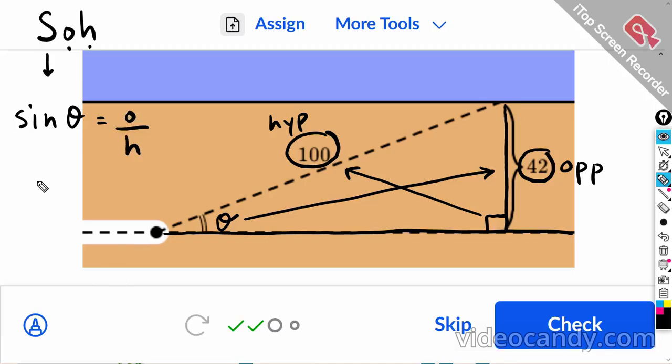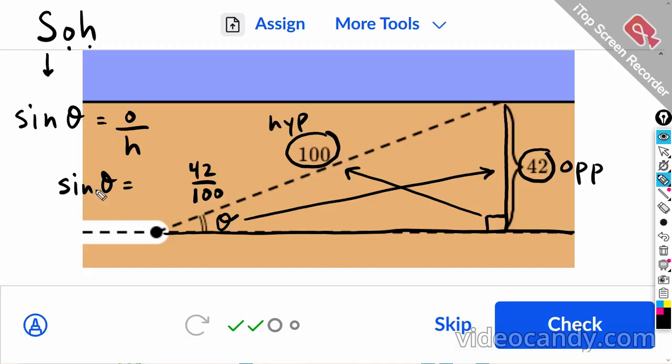All right, so continuing, and we're going to have to do inverse, so I'm going to leave some space. Sine of the angle theta, that's going to equal opposite, which is 42, divided by hypotenuse, which is 100. Okay, this is our equation. We need to solve for theta.